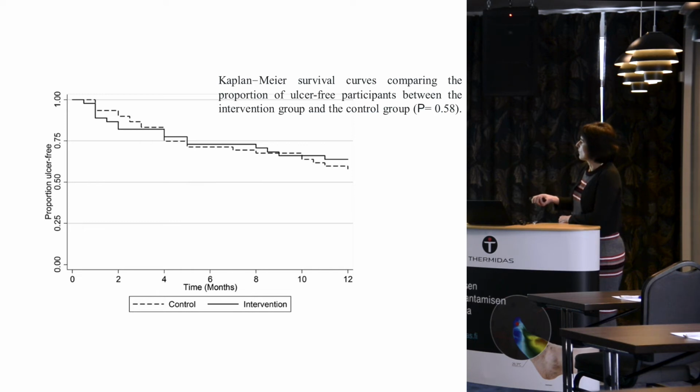So this was a 12-month follow-up, and you can see that in both groups there was ulcer recurrence, and perhaps the study was not long enough to show this initial separation, which we were able to see just as the study was progressing.